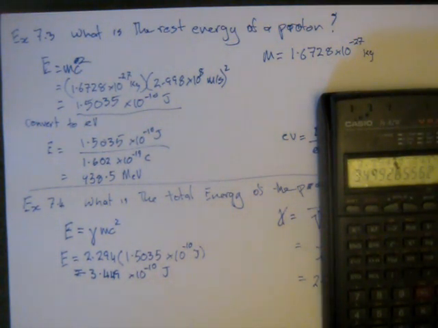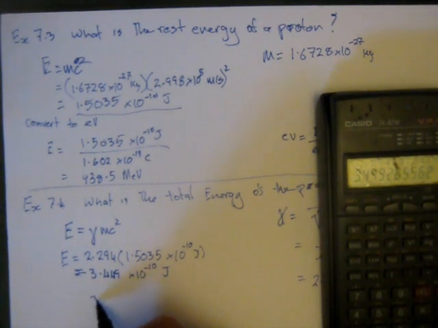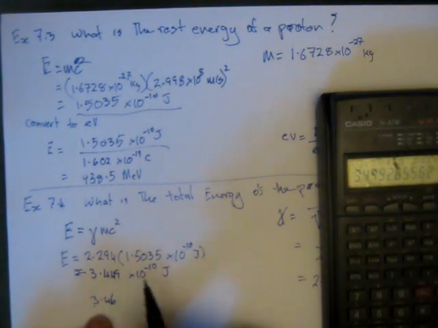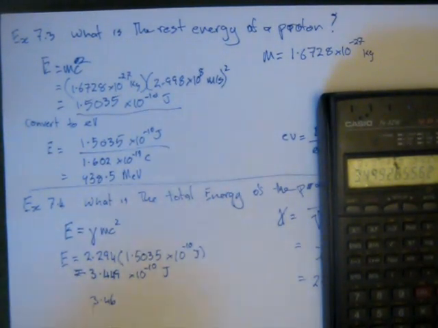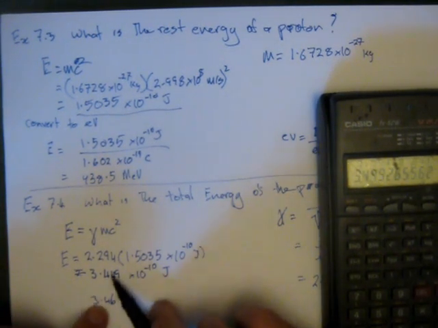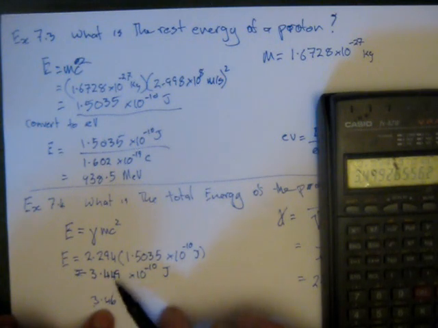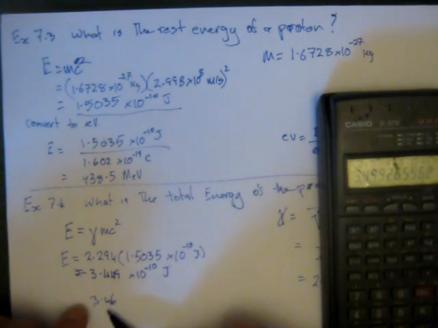If you'll notice, the answer on the sheet says 3.46 times 10 to the blah blah blah. If you're doing a test and we see that you're out at about the third or fourth figure, it probably means we rounded in different places.